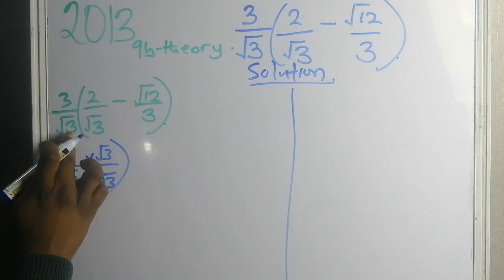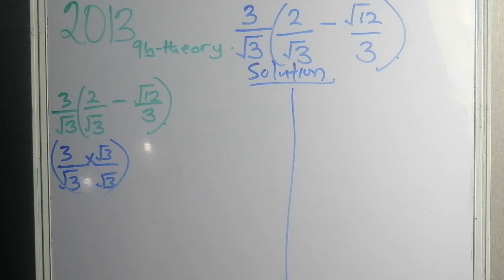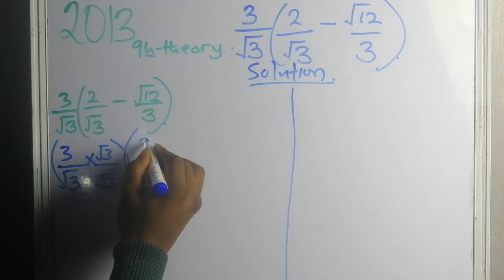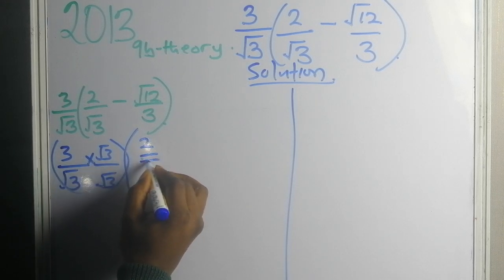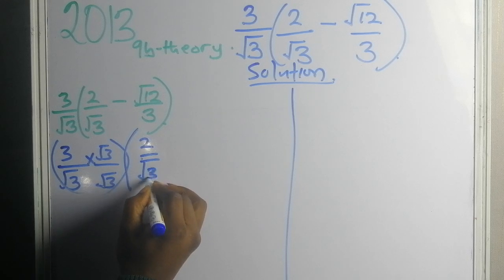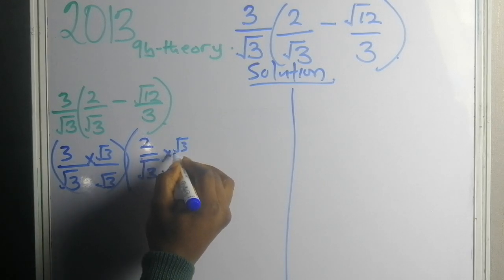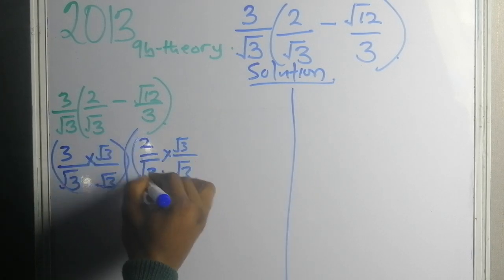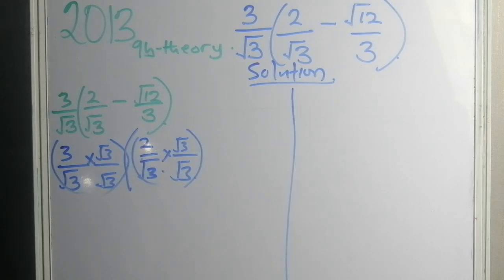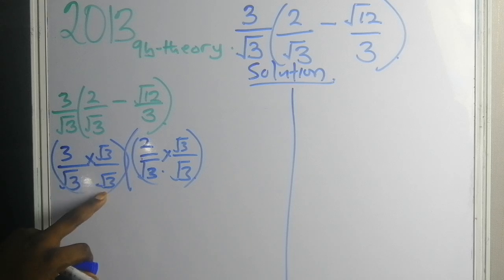I'm rationalizing this part because it has a root at the denominator. The law of surds is that you don't have roots at the denominator. You need to rationalize. So this is the same thing as saying 2 over root 3 times root 3 over root 3.